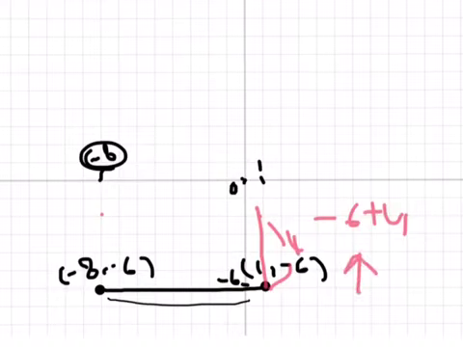This is minus 2. So the y coordinate of this dot right here is minus 2. And this is collinear, so this x coordinate would be 1. So the point is (1, minus 2).